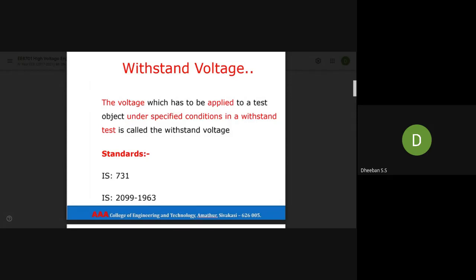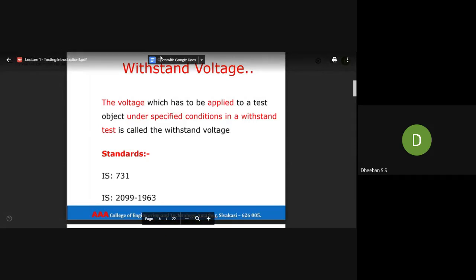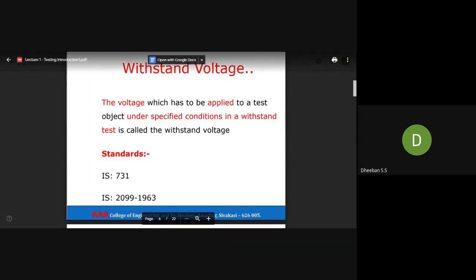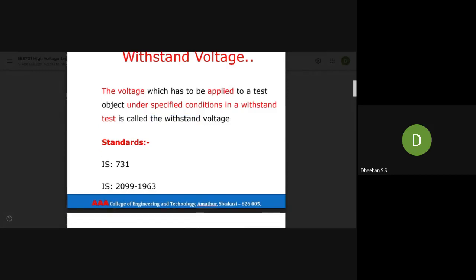It is more or less similar to your Ohm's law, where you predefine that voltage is directly proportional to current under one condition, the main condition being constant temperature. Similar to that, this withstand voltage is also applied under a set of specific conditions. So then it is called a withstand voltage.